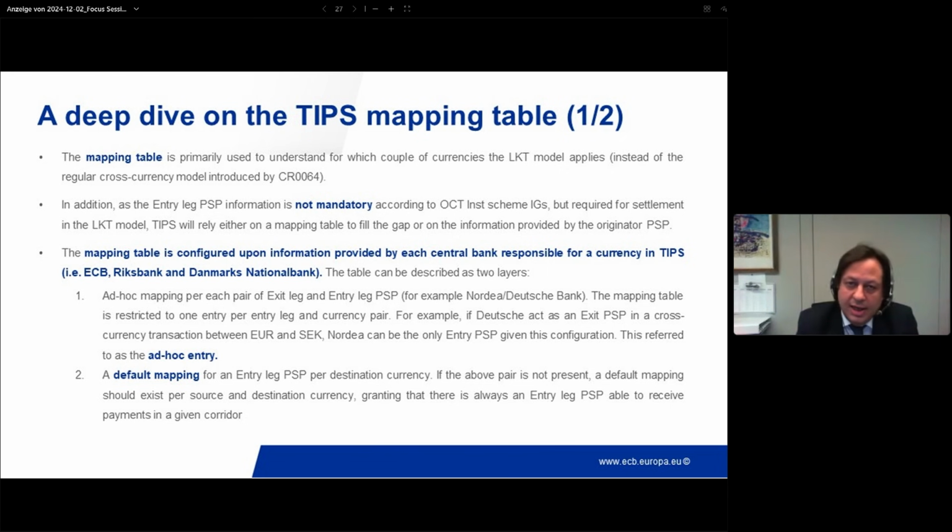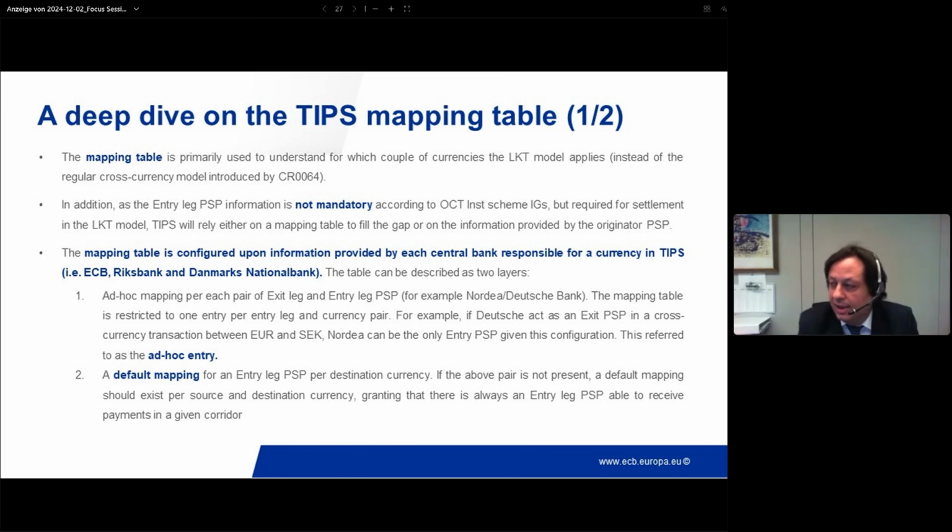So in theory, the message can be sent to the CSM without that information. But still, when it comes to the settlement layer, TIPS would need this type of information in order to transfer the funds, as I described before, from the entry leg PSP to the ultimate beneficiary. And that's how we control this gap and, let's say, we fill the missing information. This is one aspect, of course.